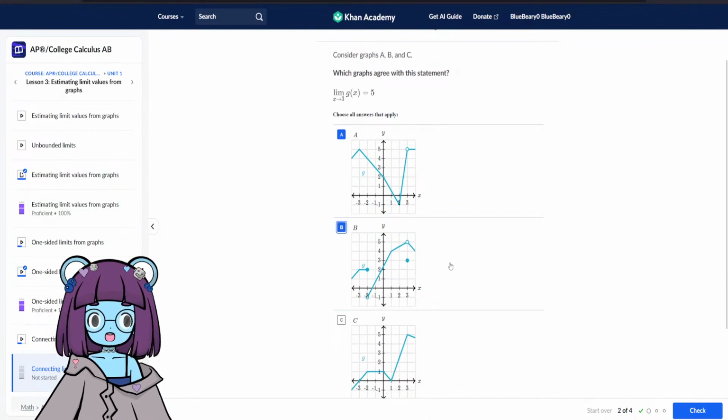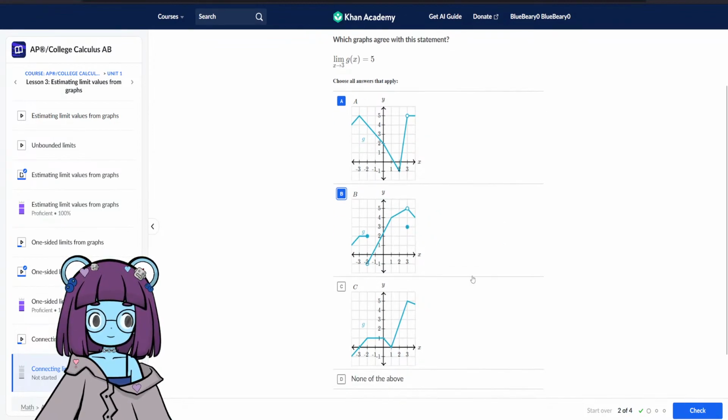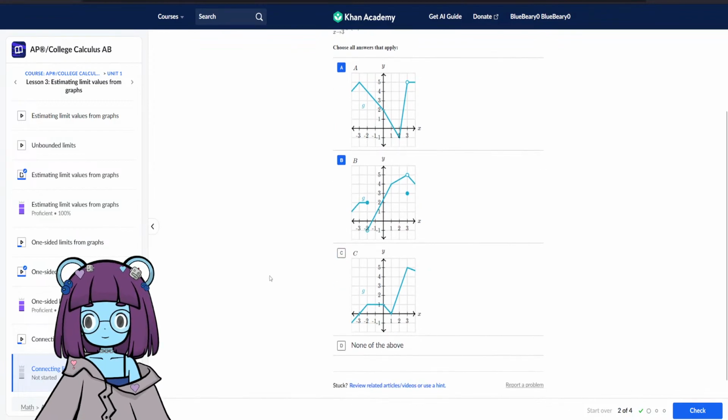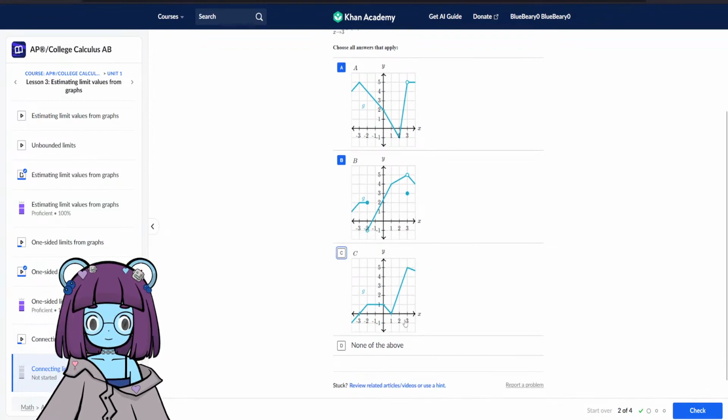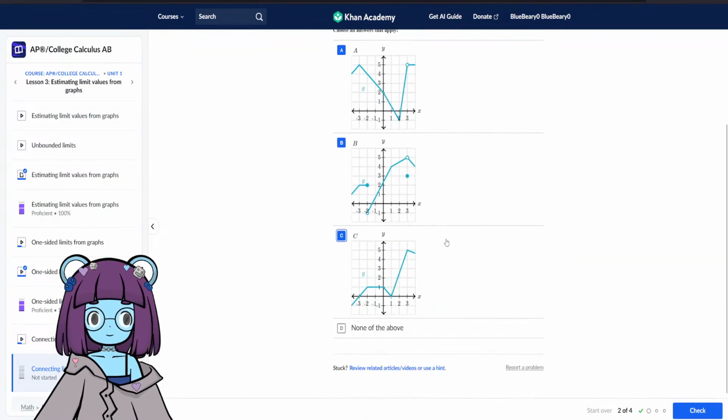This one as well, even though g of 3 is equal to 3, it still approaches 5. And then this one, all of the above, essentially. This one also is like the first one.